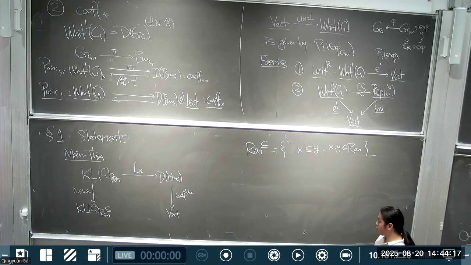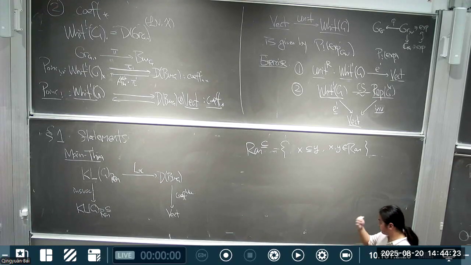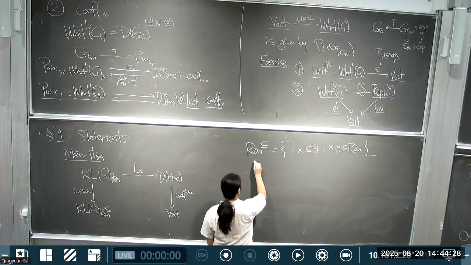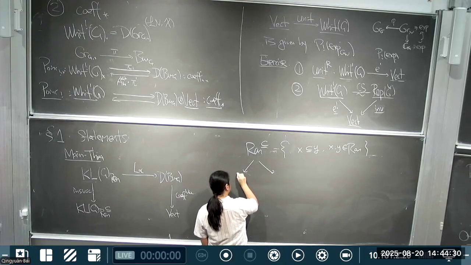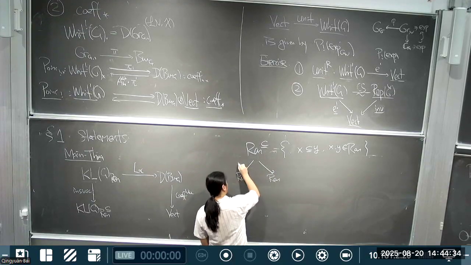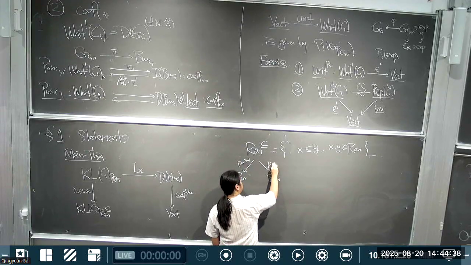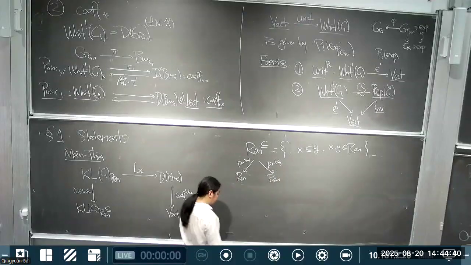So it has two projections to this Ran space. One is called pr small, which remembers this x. The other is pr big, which remembers this y.